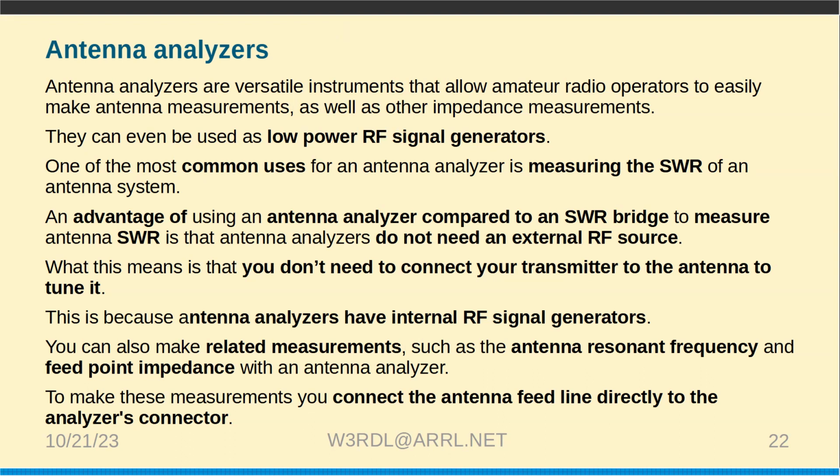Basically, if it's just an antenna analyzer, like one of the Rig Expert, MFJ ones, and Comet makes one, I think several other people, they basically show SWR, and they can also show the impedance, the real and reactive components of it. Some of them can do a Smith chart.